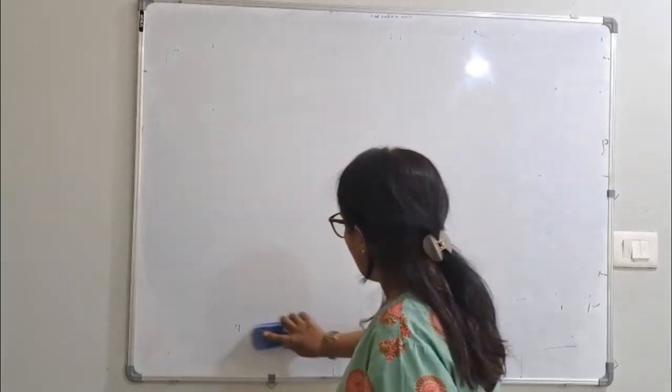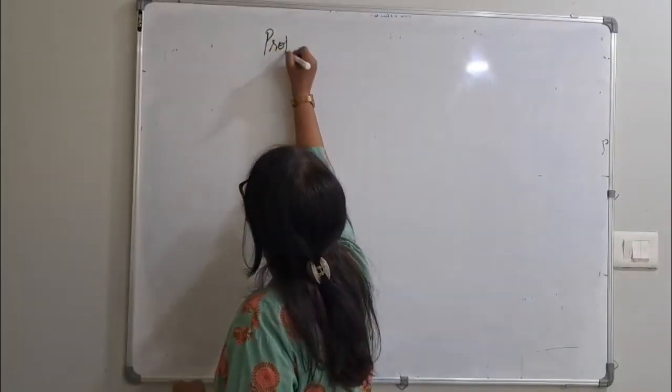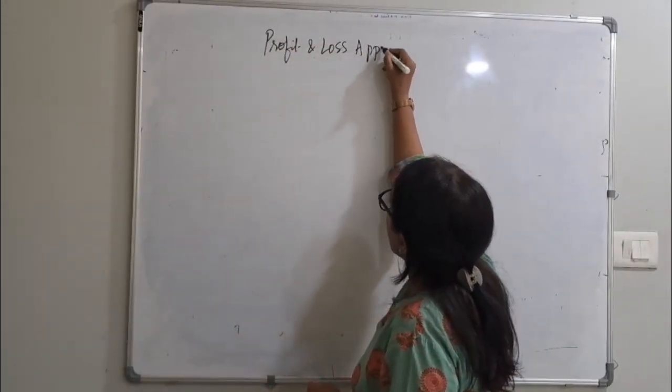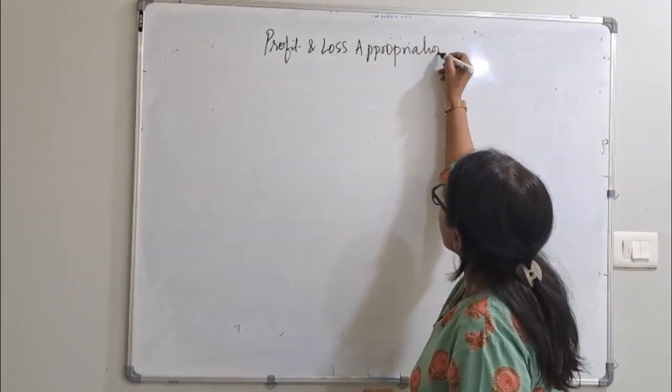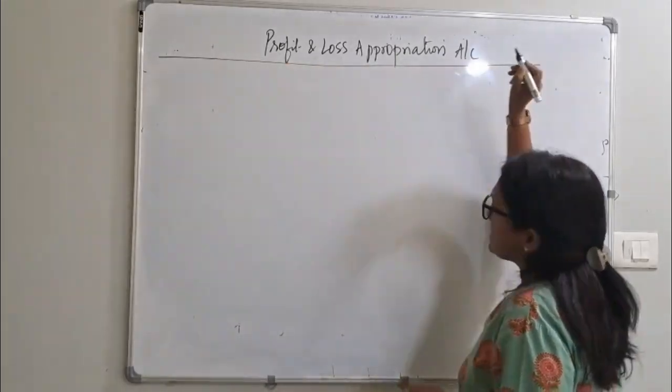Now we are going to do the account part. Profit and loss appropriation account. Appropriation account. ठीक है?